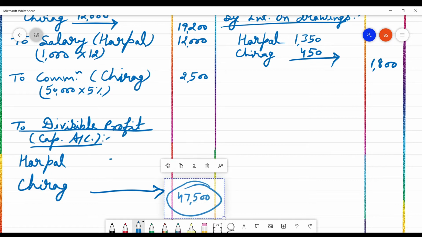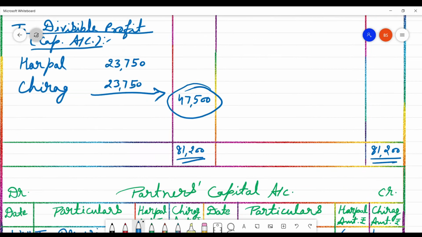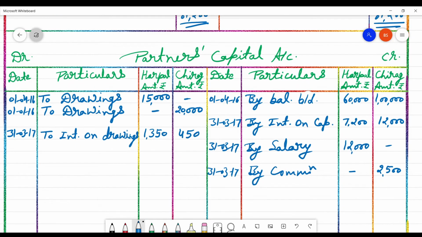This comes 23,750. 23,750, second entry will be recorded on the credit side of the partners' capital account, by divisible profit.